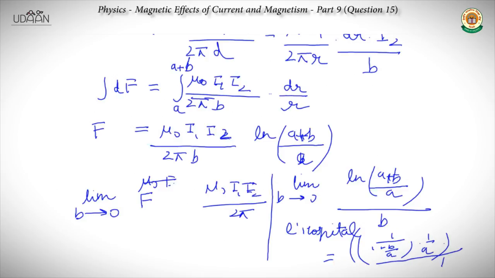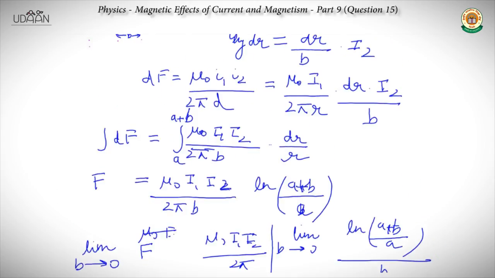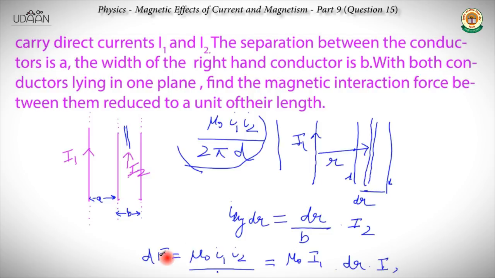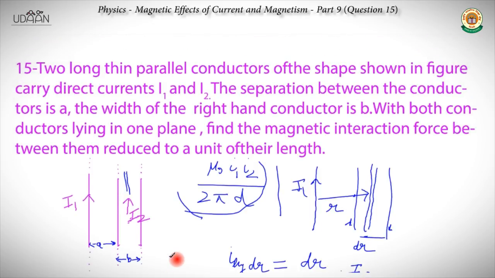So when we see this, this actually comes out to be 1 by a, and if we keep it here, mu naught I1 I2 by 2 pi a, as we had expected. So that was question number 15 for us, where we had to find the force of interaction between the two thin parallel conductors.